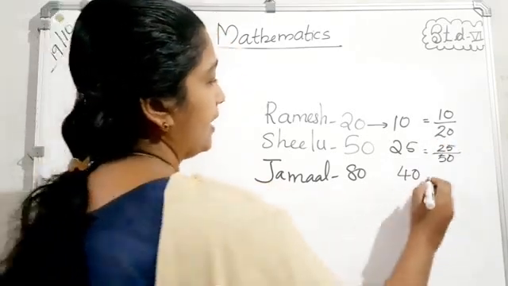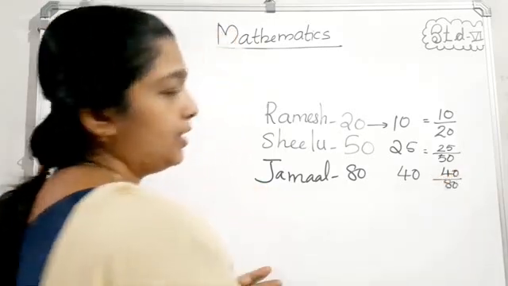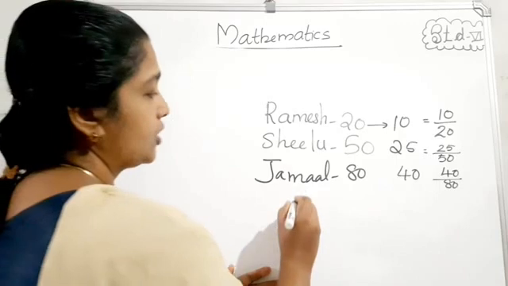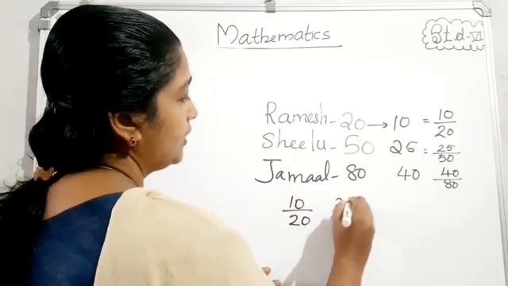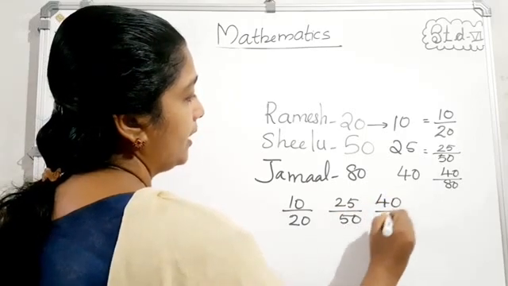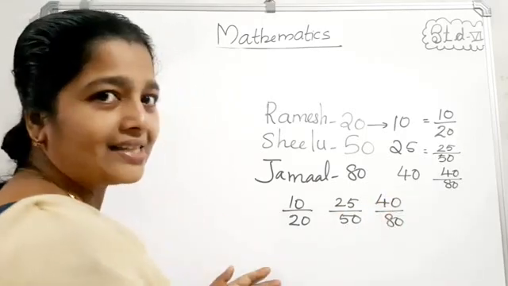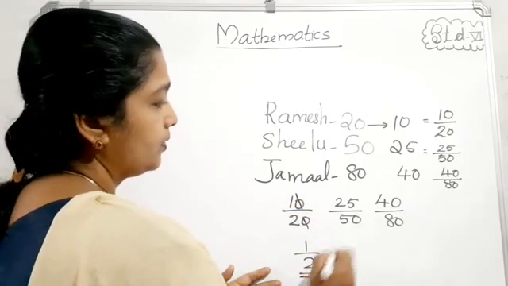And Jamal had 80 and used 40 pencils. Clear? So, first person 10 by 20, second person 25 by 50, and third one 40 by 80. So, we can check, 10 and 10 cancel, answer 1 by 2.